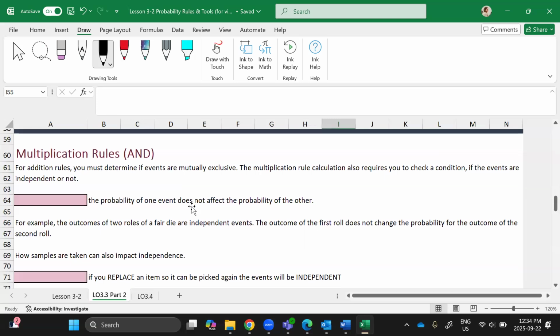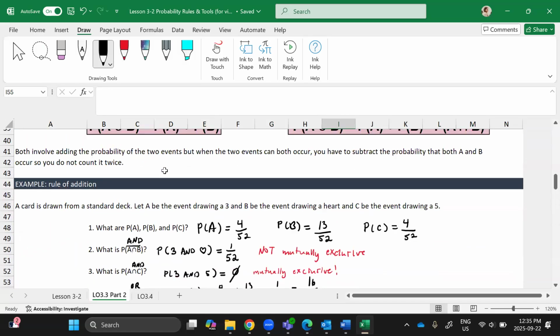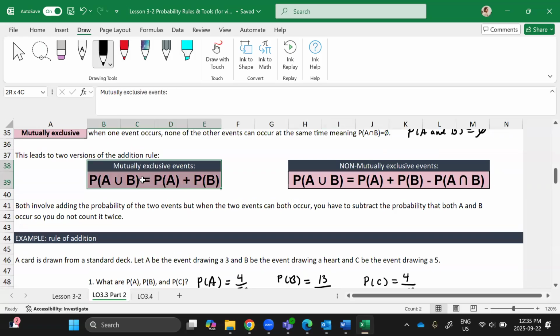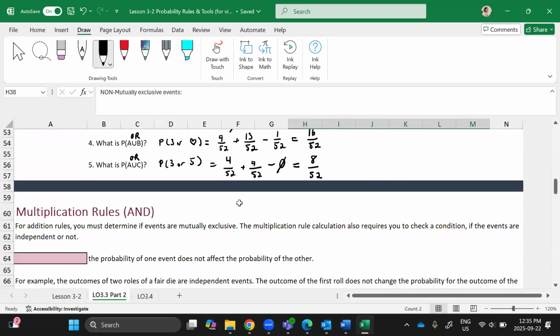The last rules that we're going to look at today are called multiplication rules. Multiplication rules go with the word and in probability. When we were looking at the addition rule, there were two versions based on if A and B were mutually exclusive or not mutually exclusive.